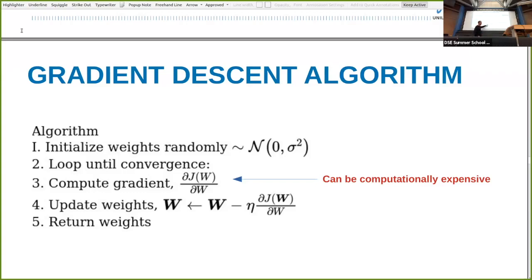You do steepest descent. Here is the gradient, and here is eta, the learning rate. It's just a parameter, but it can be adapted. All parameters go downhill with a certain step size in this direction. Again, this is a killer.